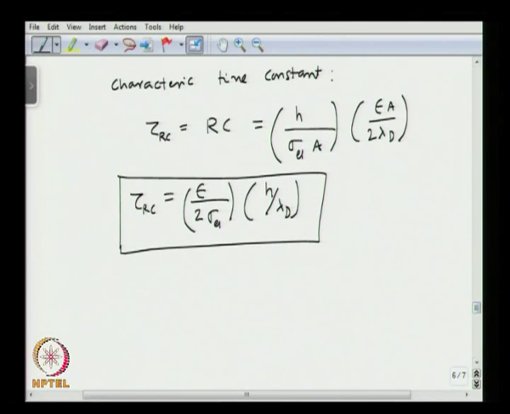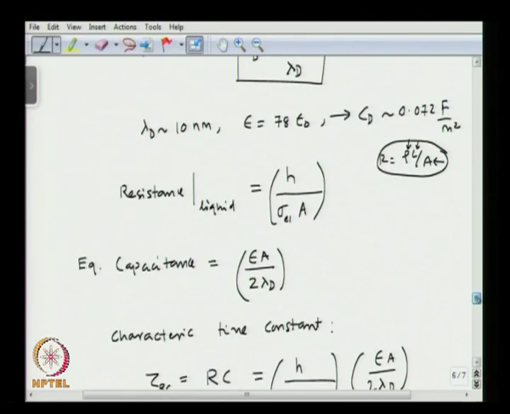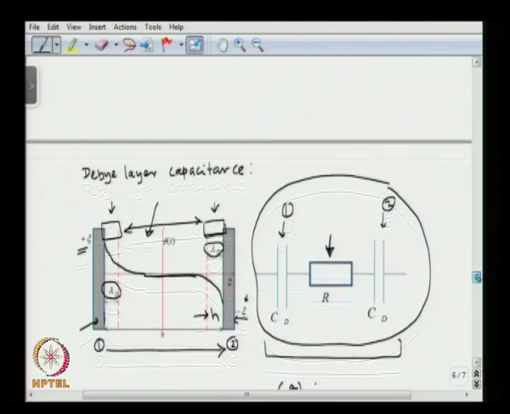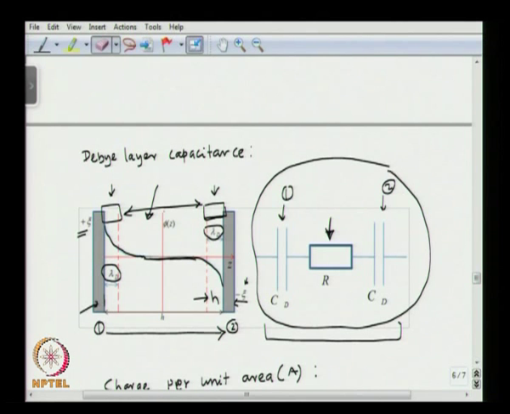So if we say lambda d is of the order of 10 nanometer and the height H is of the order of 100 micron, sorry, the H that we define for the resistance is the resistance of the channel, not lambda d, okay. H is here. So this is H, this is basically the gap between the plates, because lambda d is very small. So this is shown here, this is H.